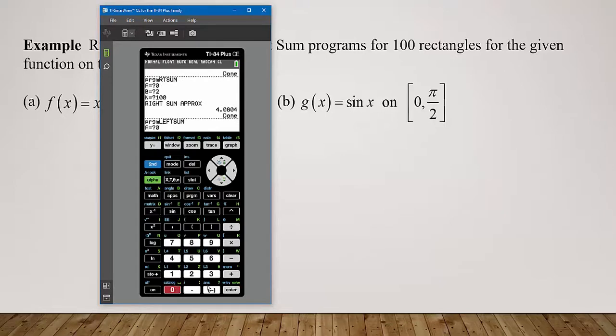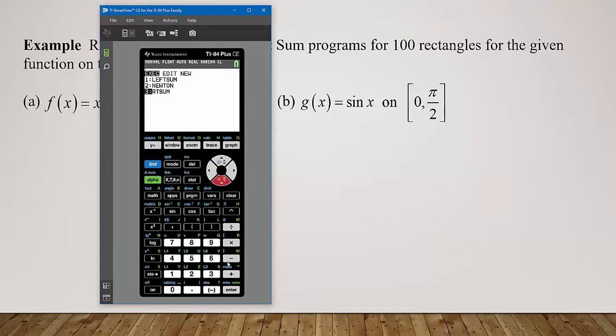Notice here a is 0, b is pi over 2, and 100 rectangles. And here it tells me that the left sum is, I'm just going to round that to 4 decimal places, 0.9921. And now I need to run my right sum program.